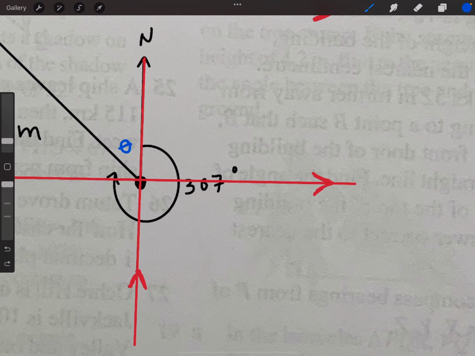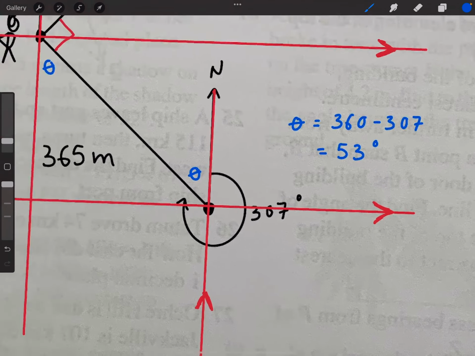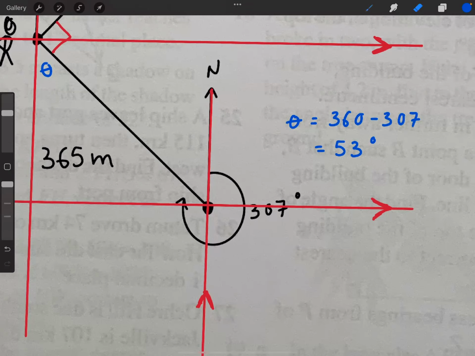Angle theta is equal to 360 minus 307 degrees, and that will give you 53 degrees. So angle theta has to be 53 degrees, and this one will also be 53 degrees.